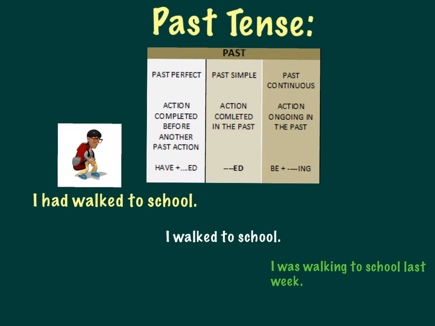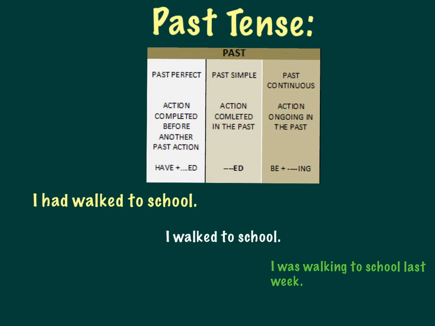We also have added the ed ending to our main verb walk to show that it is past perfect. Therefore, we have the sentence, I had walked to school. In past simple, this sentence would just be, I walked to school. We no longer have the had because it's in past simple, so there's no auxiliary verb.